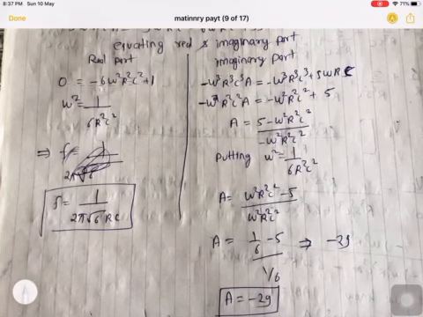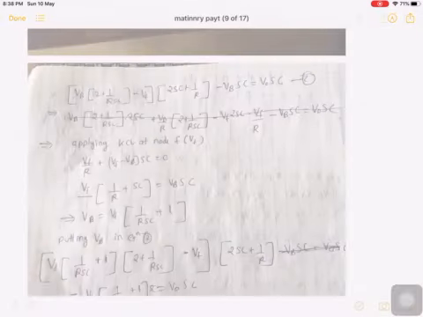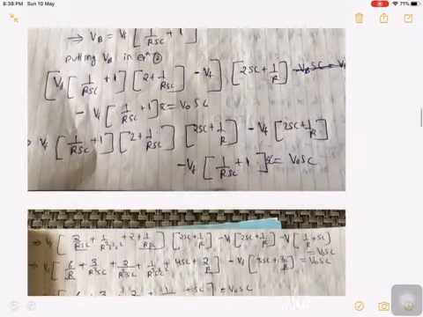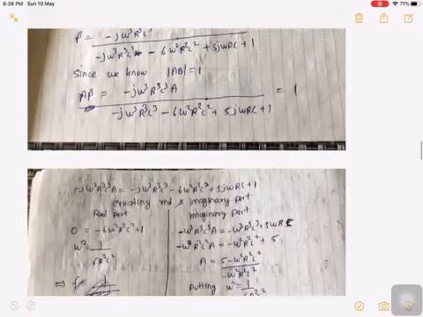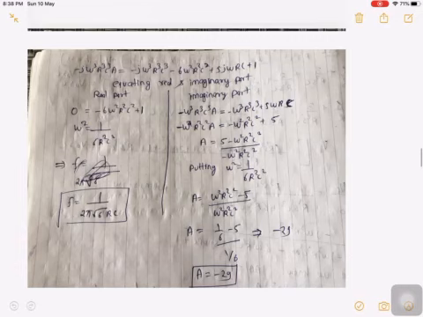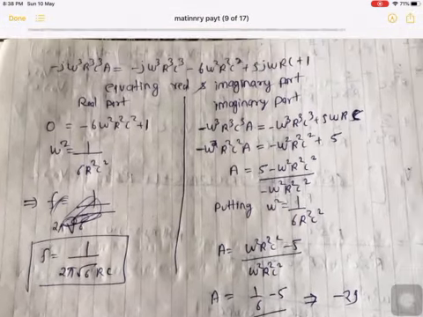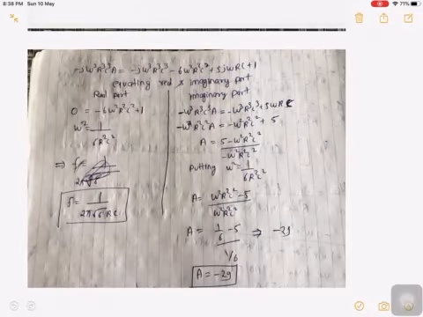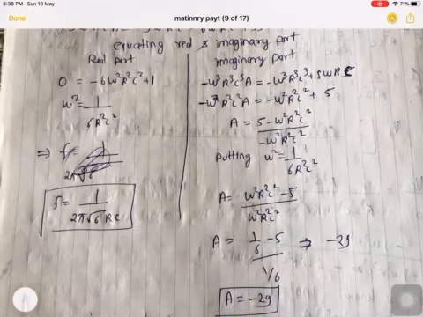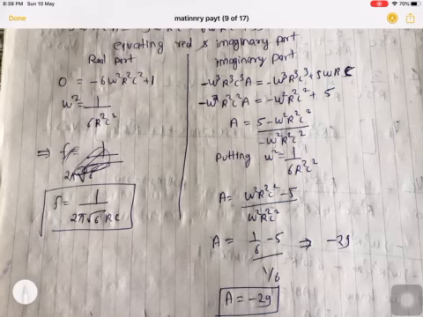Left hand side there is nothing in the real part, and right hand side there are only two terms, minus 6 omega square R square C square and plus 1. Therefore 0 equals minus 6 omega square R square C square plus 1. So omega square equals 1 upon 6 R square C square. It implies f equals 1 upon 2 pi root 6 RC.